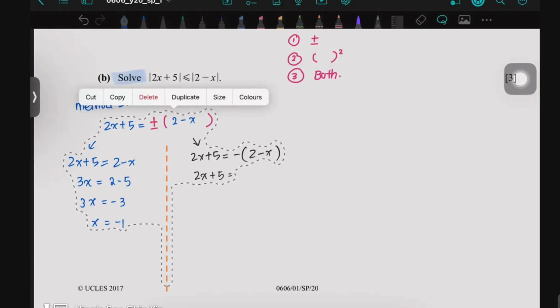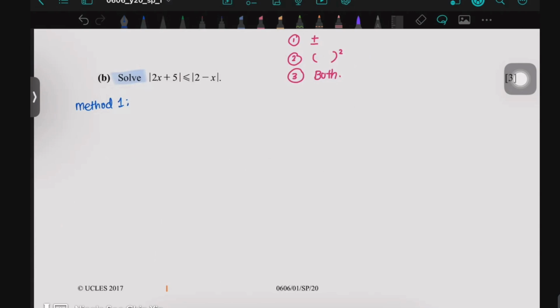I have to put in the inequality, so delete. When we come to the first method, I'm going to put 2x plus 5, because it is less than or equal to 0, so less than or equal to 2 minus x. The other side is negative bracket 2 minus x. Then only you start solving your inequalities.